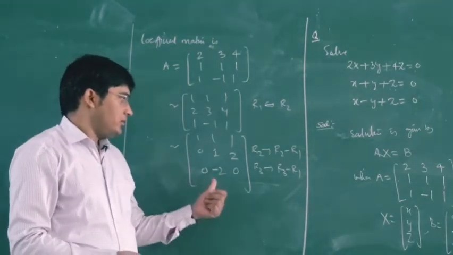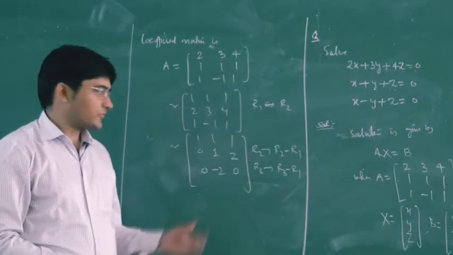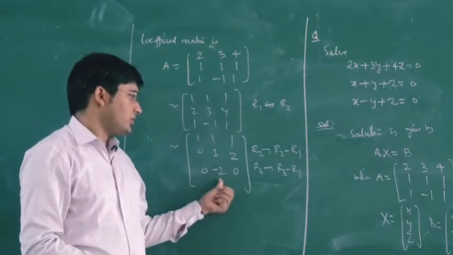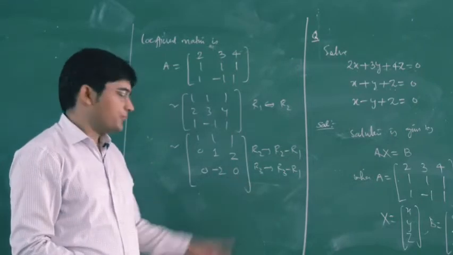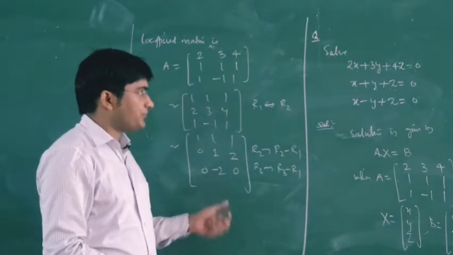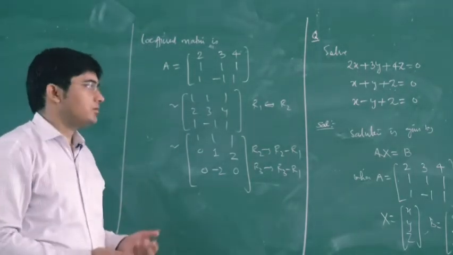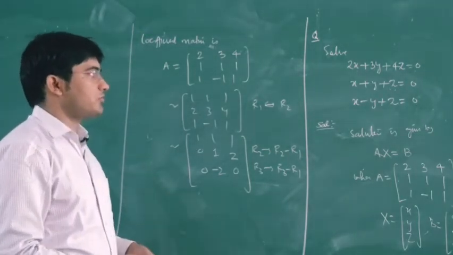So we can see that the rank of this matrix is 3, because we cannot make this term 0, otherwise this will become non-zero. So the rank of this matrix is 3 and we have 3 unknowns. Hence the rank of the matrix is equal to the number of unknowns.